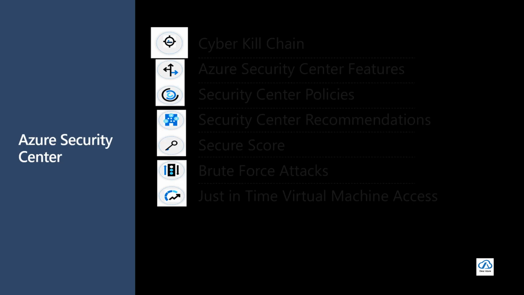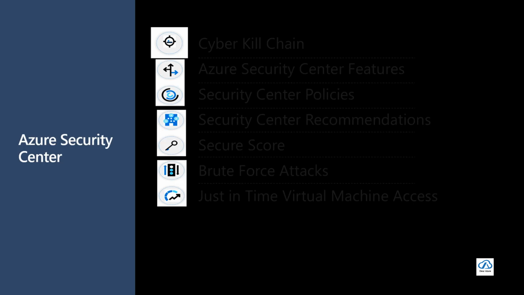And I did tell you briefly that this is something Azure Security Center can help you with. But in general, a cyber kill chain has 8 steps. It is reconnaissance, intrusion, exploitation, escalation, lateral movement, denial of service, and exfiltration.